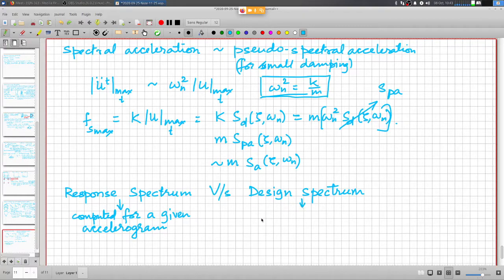Design spectrum is a postulated spectrum representing seismic hazard at a site.